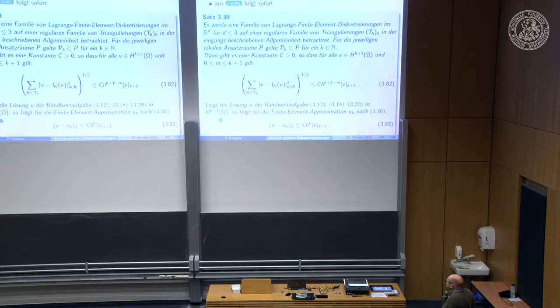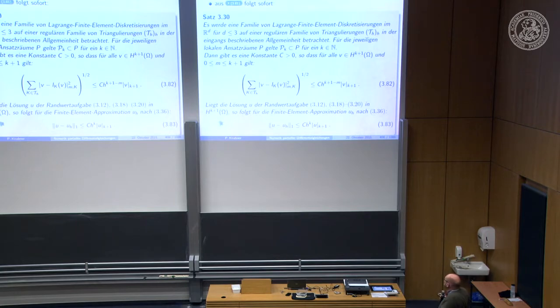So the minimal regularity requirement is that the solution is at least in H2. H2 means, under these assumptions on the dimension, that we have continuous functions. That is what we use, at least in our technique, by means of the interpolation operator. So this is what we need.